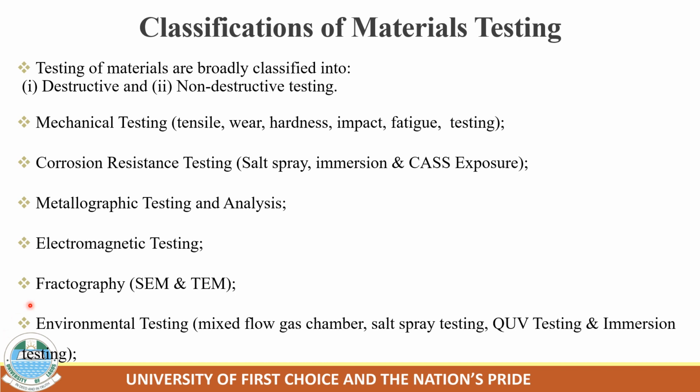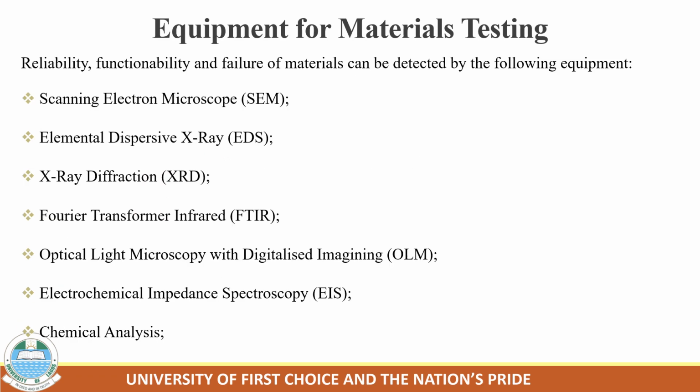So any material you want to use for your production of any apparatus, in any company or any production, you are bound to test it appropriately to discover whether it is viable for the production you want. Also, let us talk about the equipment for material testing. The reliability, functionality, and failure of material can be determined by the following equipment. Number one, scanning electron microscope, a microscope used to scan the material.